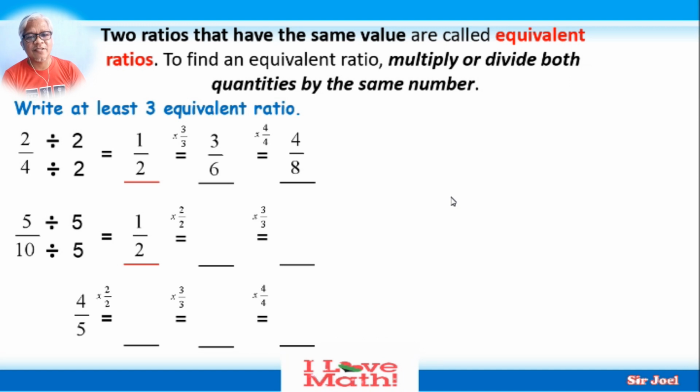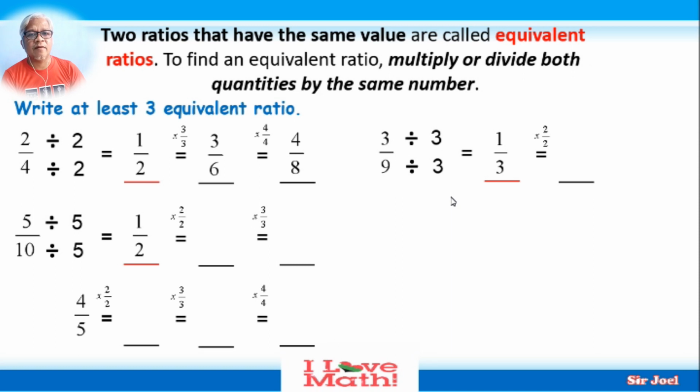Ayos? Ayos. Next, we have 3 is to 9 or 3 over 9. If you look at 3 and 9, they are both divisible by 3. So we can simplify 3/9 to 1/3 or 1 is to 3. So your new ratio 1 is to 3, i-multiply siya sa 2 over 2 to get another ratio.